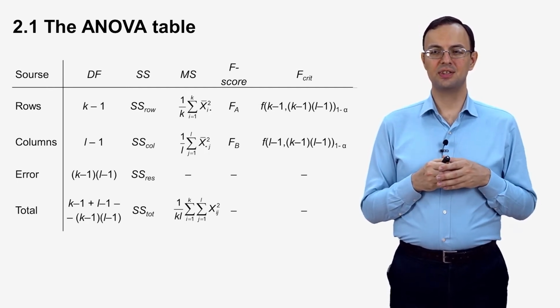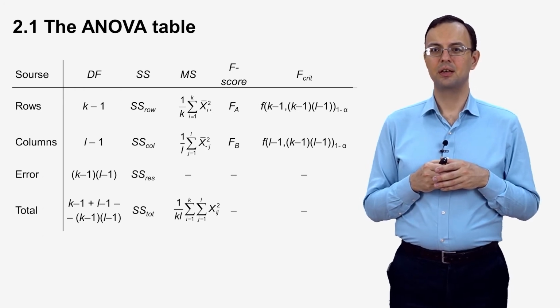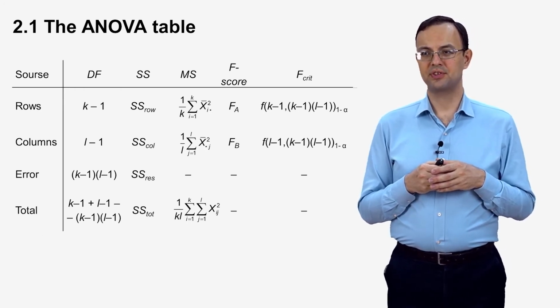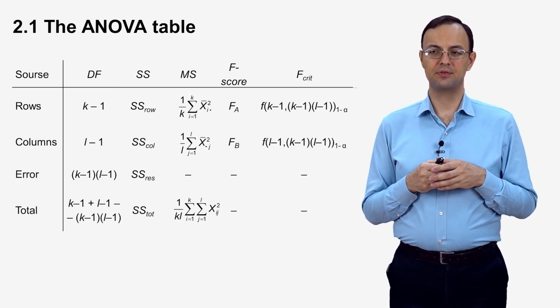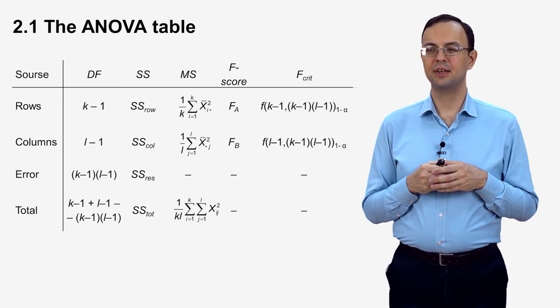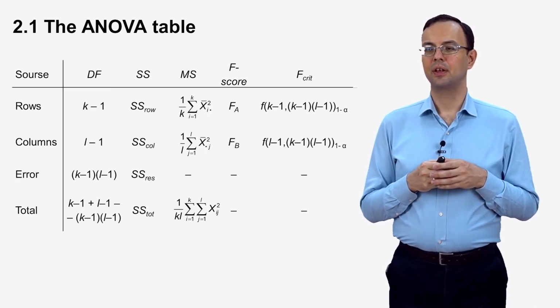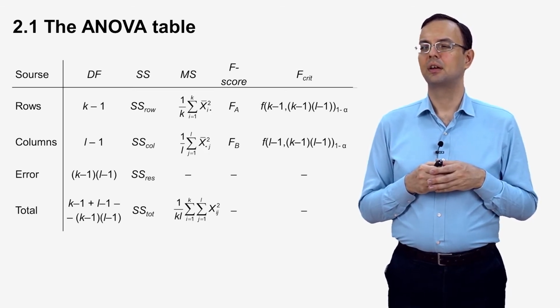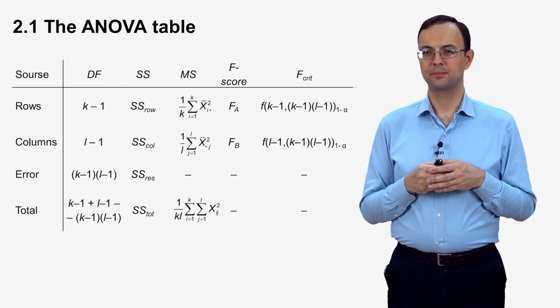The test statistic is FA and FB when we test the hypothesis of no effect for the A factor and the B factor respectively. And F critical is a quantile of a given level of the Fisher's distribution.